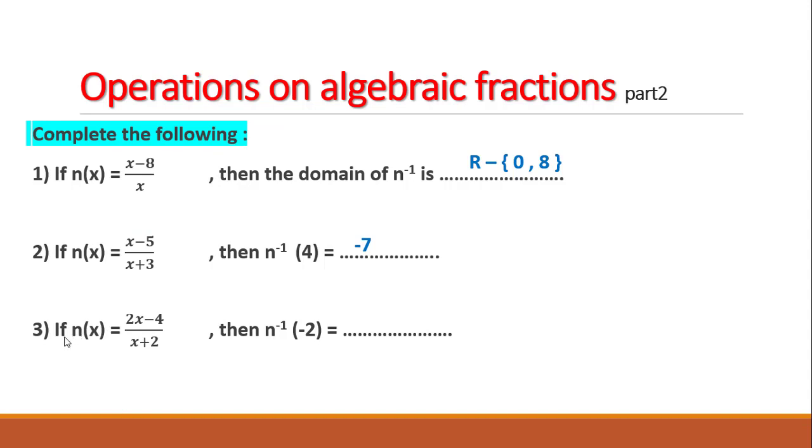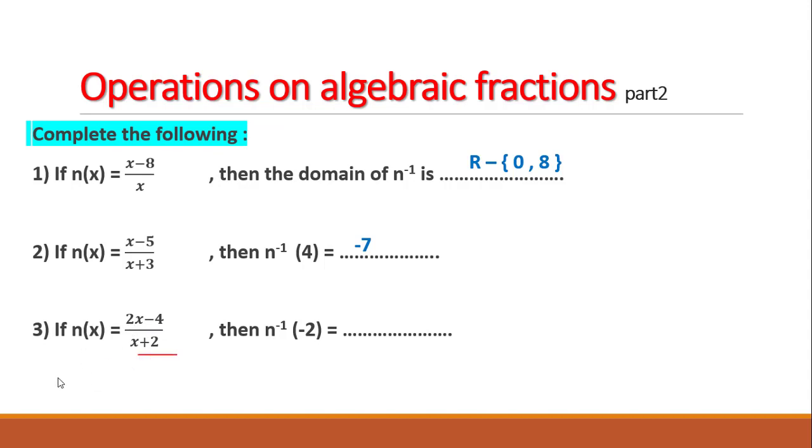Here, for example, if n of x equals 2x minus 4 over x plus 2, then find n power negative 1 of negative 2. Let's determine the domain at first. Here, for example, 2x minus 4 equals 0. It means x equals 4 over 2, so x equals 2, or negative 2.